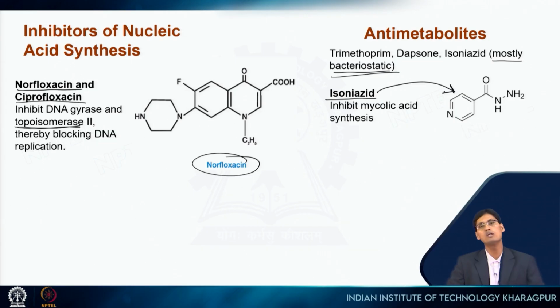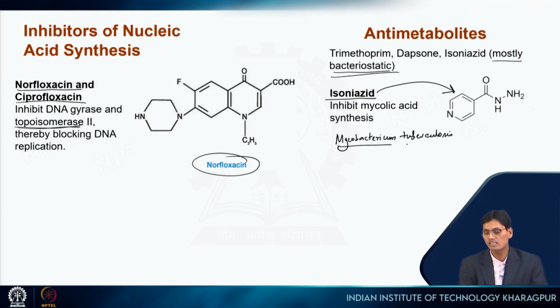So as you know, Mycobacterium tuberculosis causes TB or tuberculosis disease in humans, right? But this bacteria is a little bit different from classical gram-positive bacteria as well as from classical gram-negative bacteria.